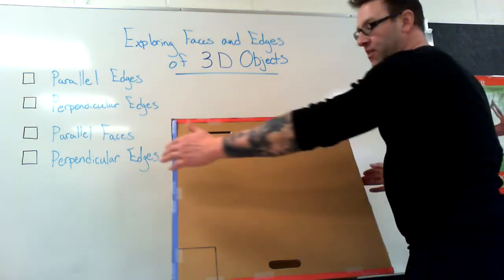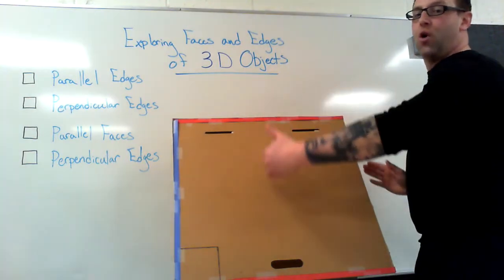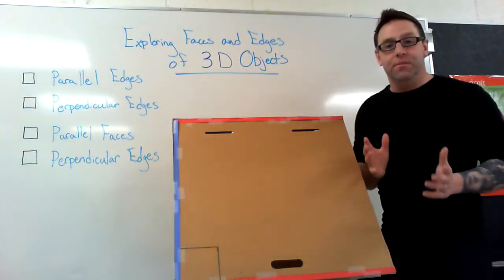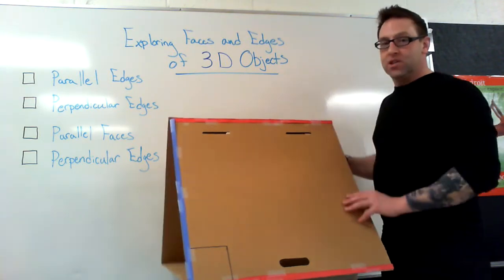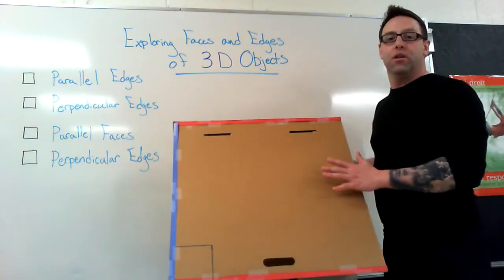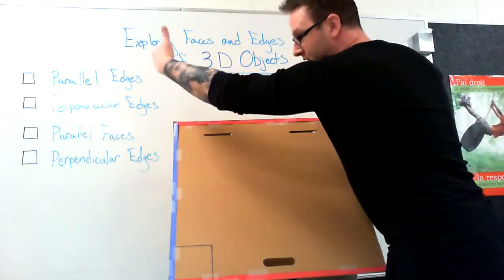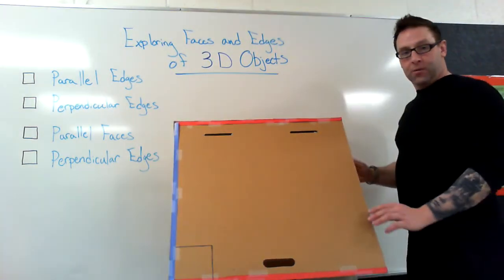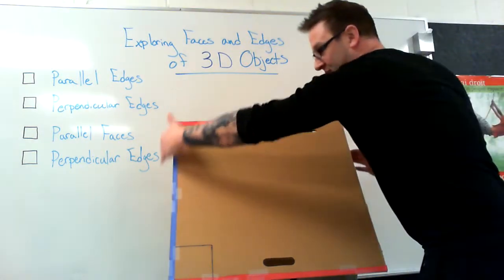Okay? This face over here and this face over here are always going to be the same distance apart. So they're never going to touch. Now, we could describe this as having 2 parallel vertical faces because this face is pointing straight up and down. Now, there's a difference between this face and this face.